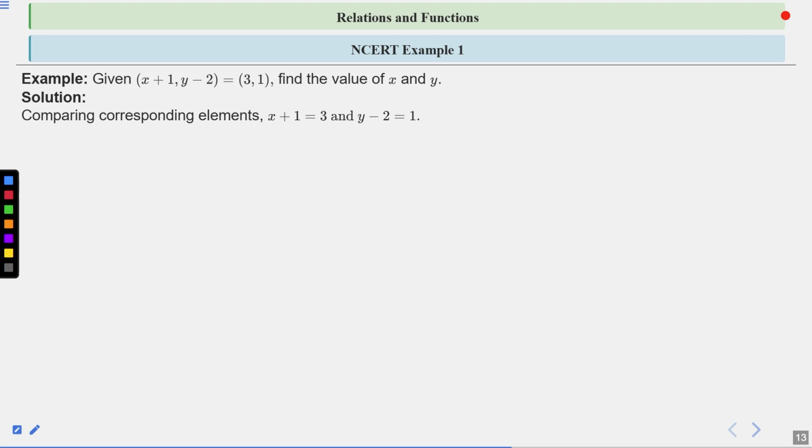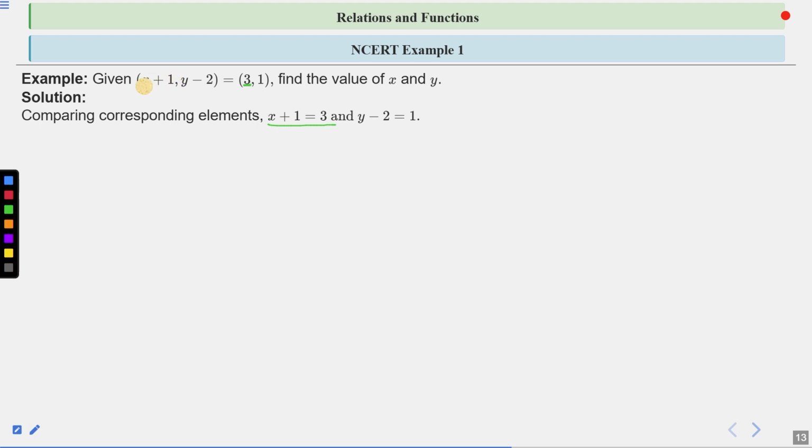If you recall the remark, it says that if you have two ordered pairs and both are equal, when do we say they are equal? When the first element in the first pair must be the same as the first element in the second pair, which is 3. So x plus 1 must be the same as 3.